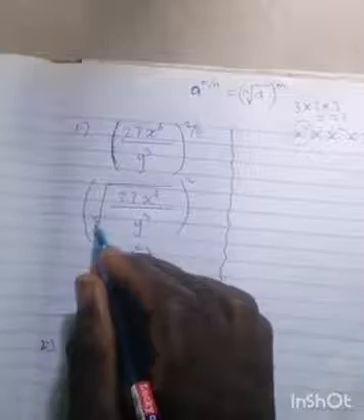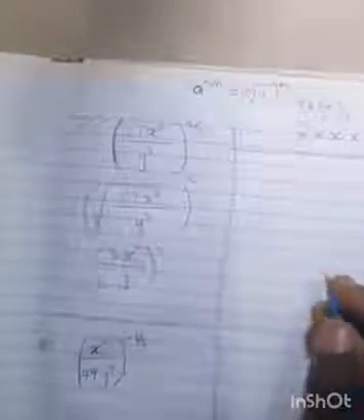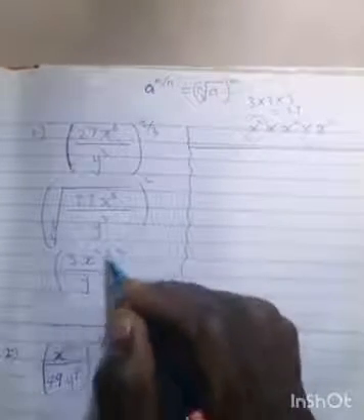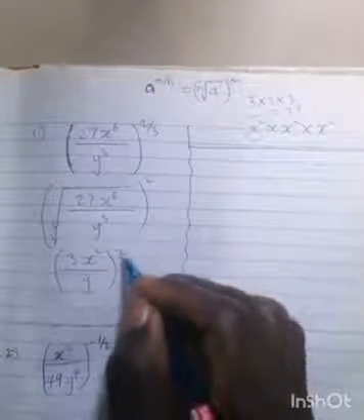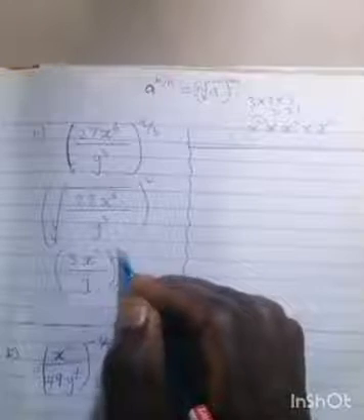Having sorted the cube root, we now have everything squared. The bracket with the power of 2 means that this exponent belongs to everything in the bracket.